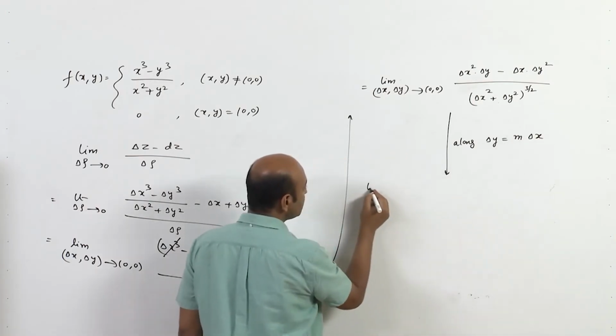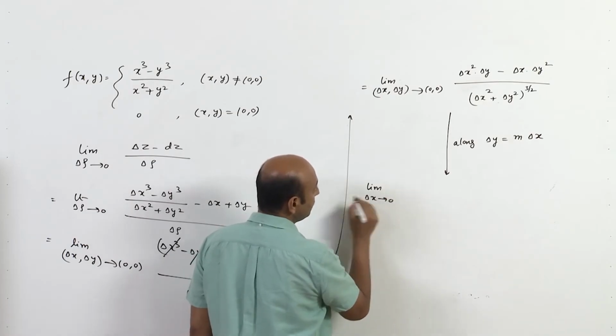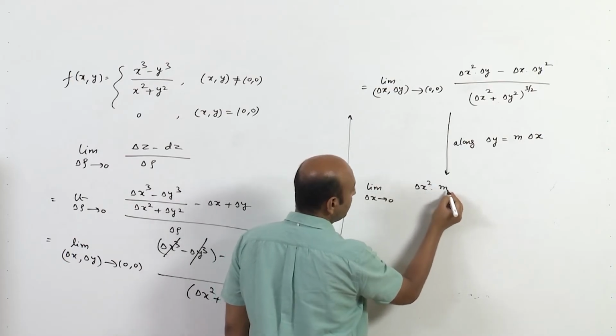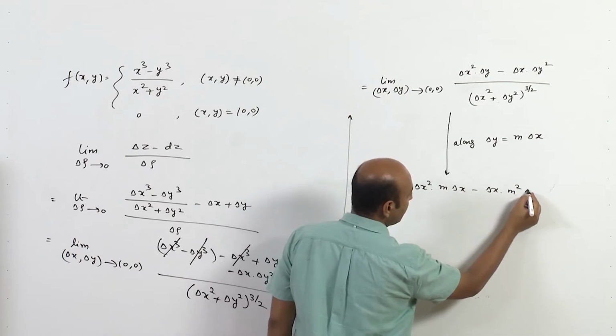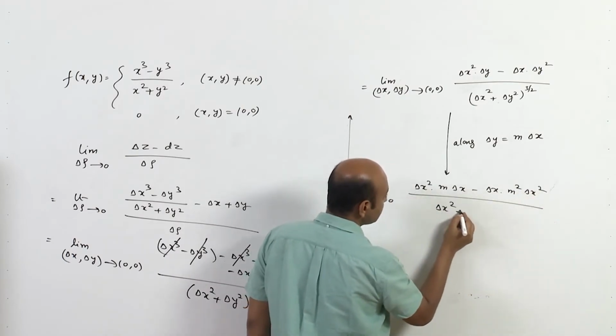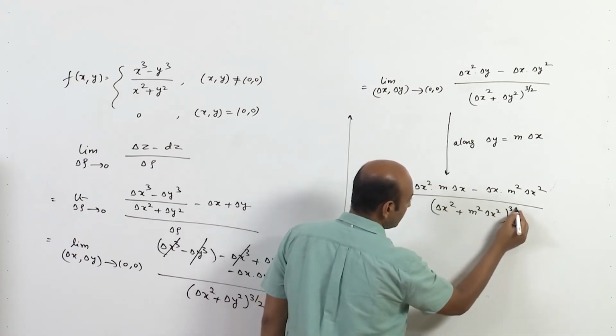If you move along this path, then it is delta x square into m delta x minus delta x into m square delta x square upon delta x square plus m square delta x square whole raised to power 3 by 2.